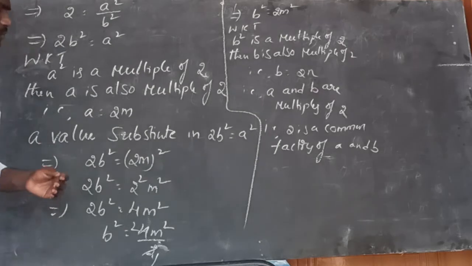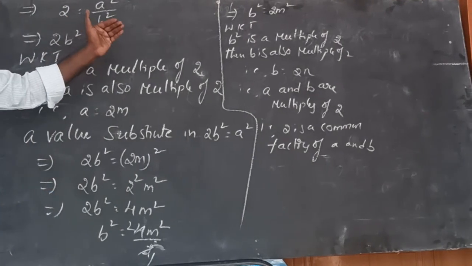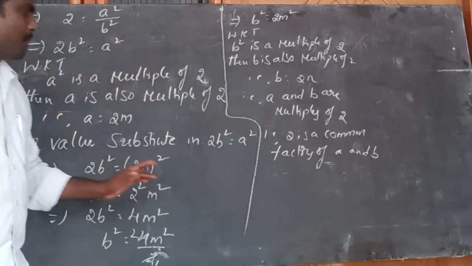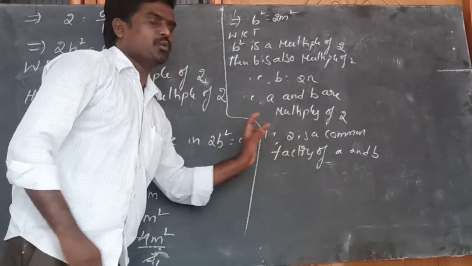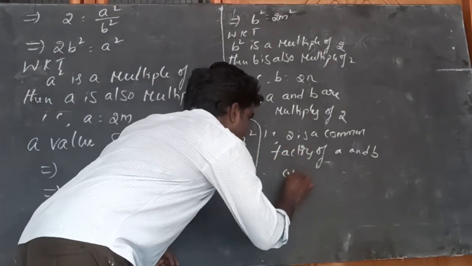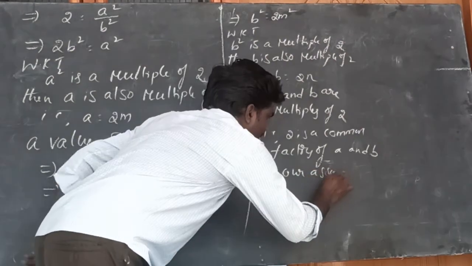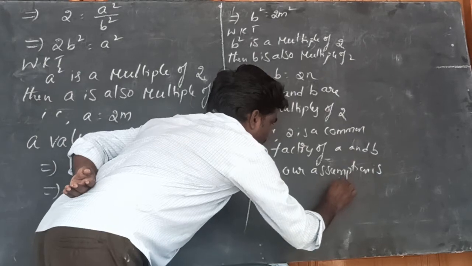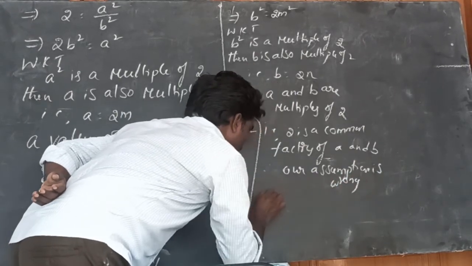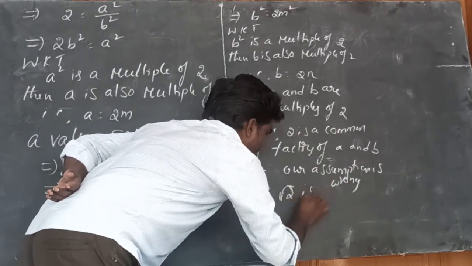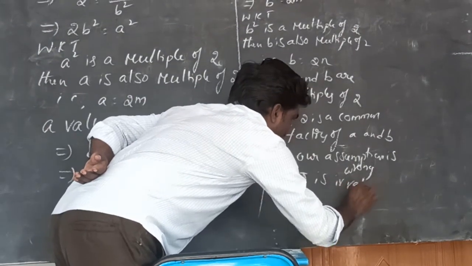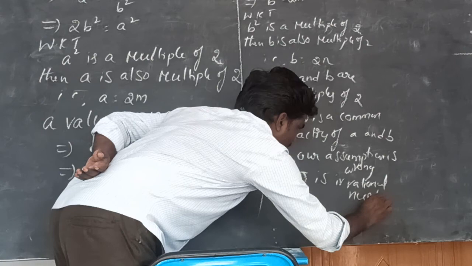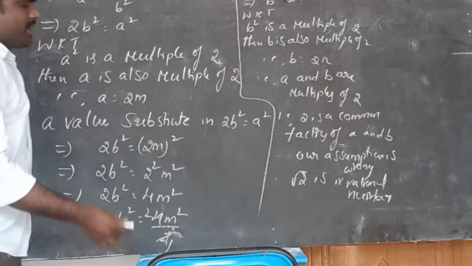So here, what we took at first, root 2 is a simple rational number, that means there is no common factor. But here, what is the common factor? 2. So therefore our assumption is wrong. Our assumption is wrong. Therefore root 2 is an irrational number. Therefore, proved.